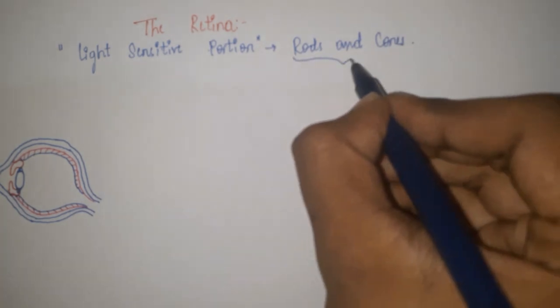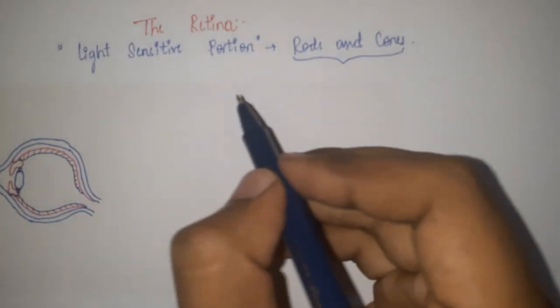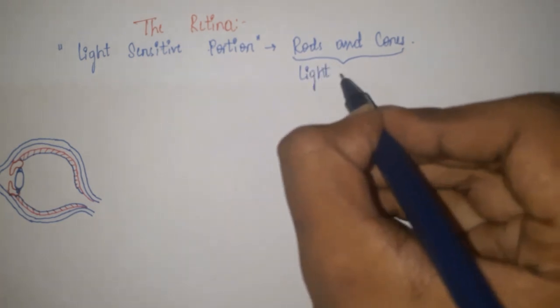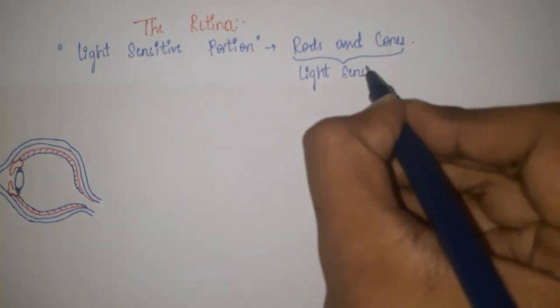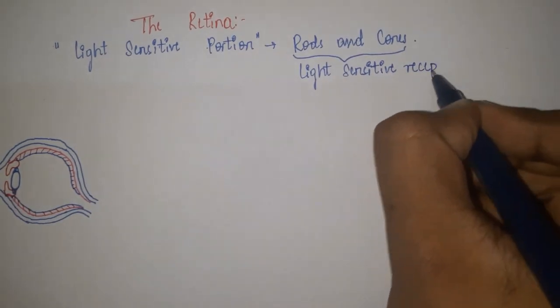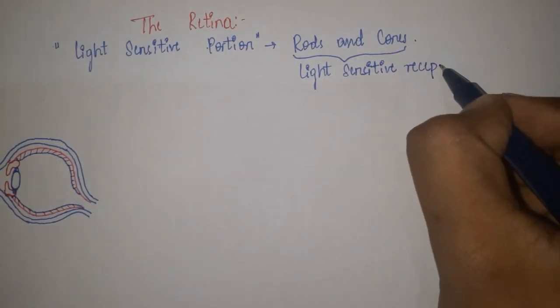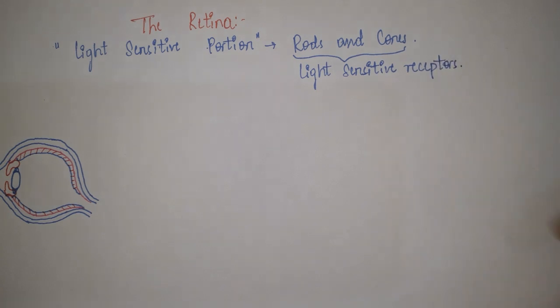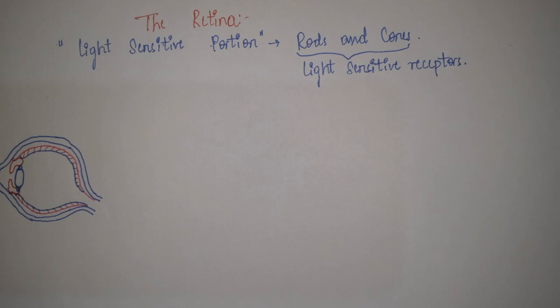These rods and cones are light sensitive receptors. Actually, these are neurons and they are modified to become light sensitive receptors. So, this is the meaning of retina.